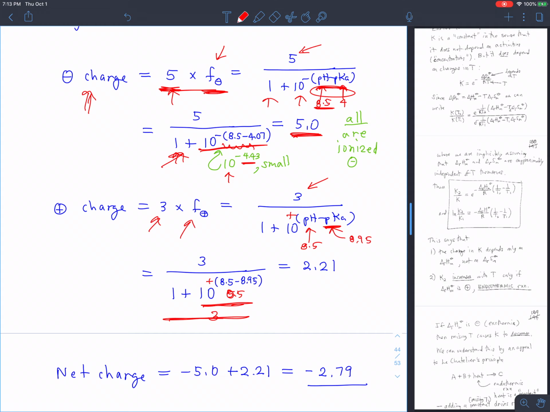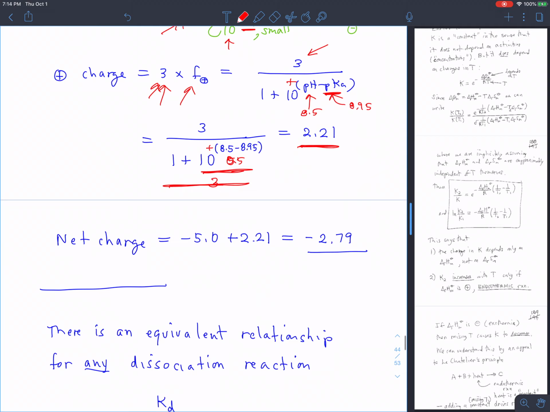Not all of our base is in the protonated form. Not all the base is charged. In other words, a lot of the base is in deprotonated form where it has no charge, where it's neutral. And so of our 3 lysines that are present, only about 2.2 of them actually count. The total charge on the protein then is -5 plus 2.2, or about minus 2.8.